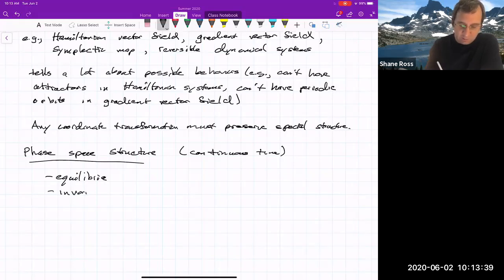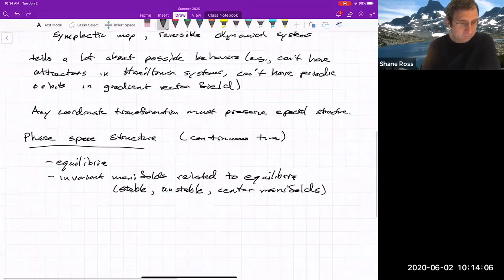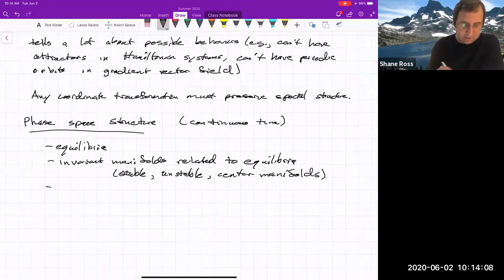These are the invariant manifolds related to equilibria: stable, unstable, and center manifolds. And you could also have other types of invariant manifolds.